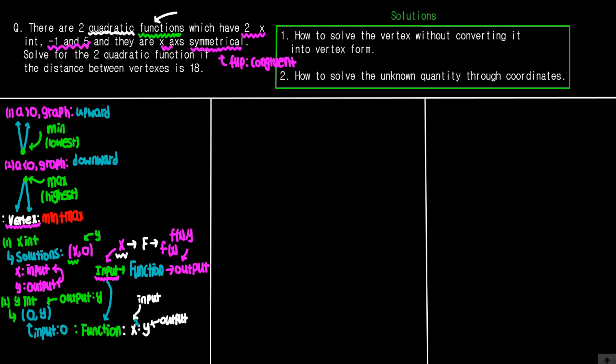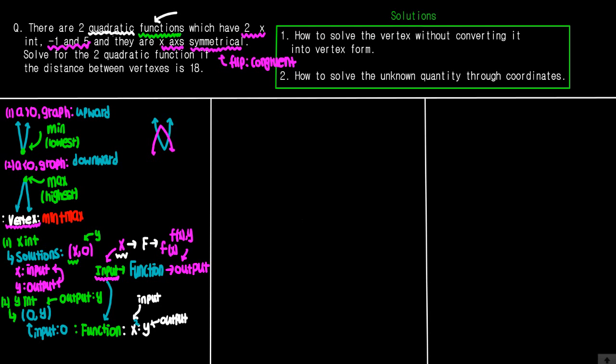But then they gave us that it is x-axis symmetrical, which means the two functions are congruent according to our x-intercepts. If they're congruent, it will look something like this.